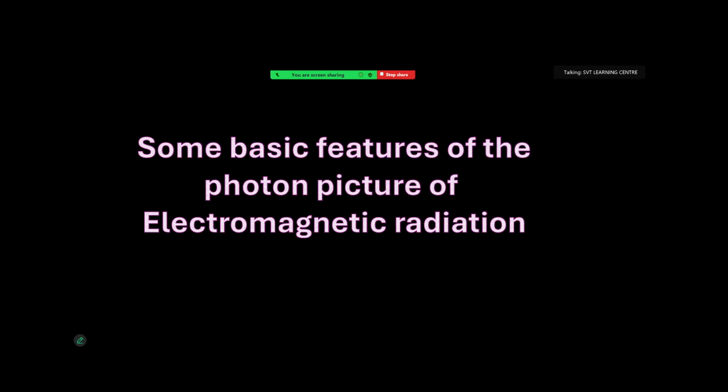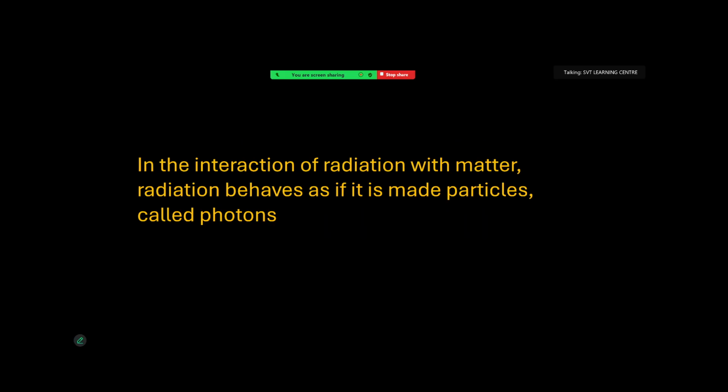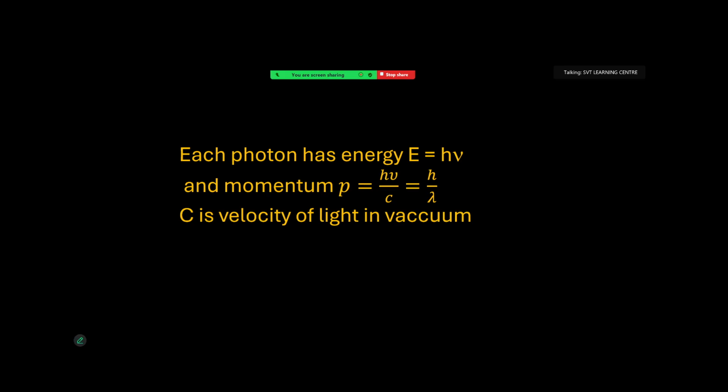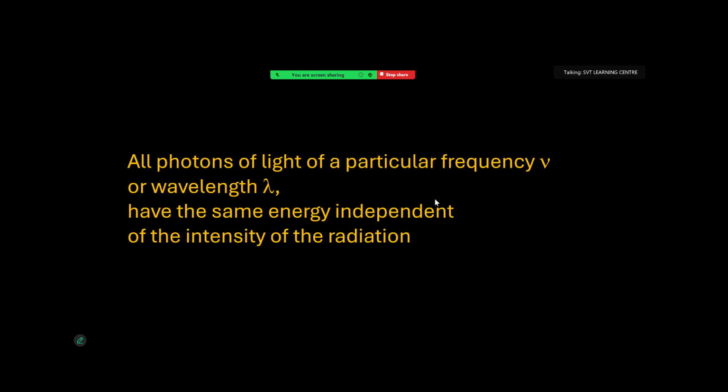Now let's look at some basic features of the photon and its picture of electromagnetic radiation. Remember, whenever radiation interacts with matter, radiation behaves as if it is made up of particles, which henceforth we call photons. Each photon has an energy equal to hν, and its momentum is given by hν by c, or rather h by lambda, where c is the velocity of light in vacuum.